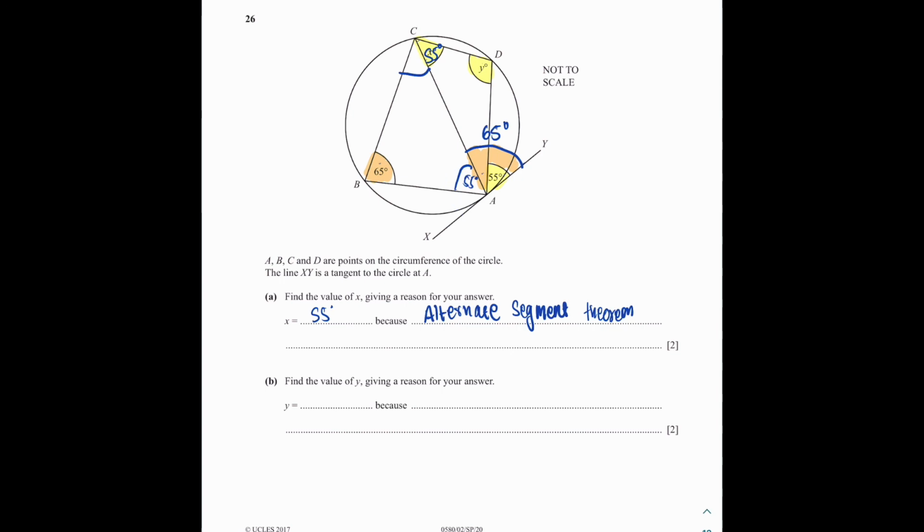So if that's 65 degrees, that means this is 10 degrees right here. And 10 plus 55 is 65 degrees, and 180 minus 65 is 115. Let me check if that's right. Yeah, that's right.